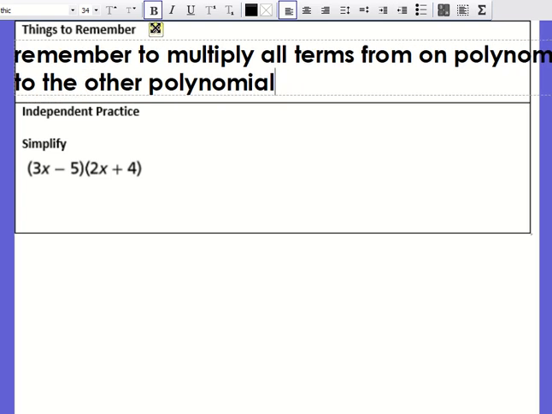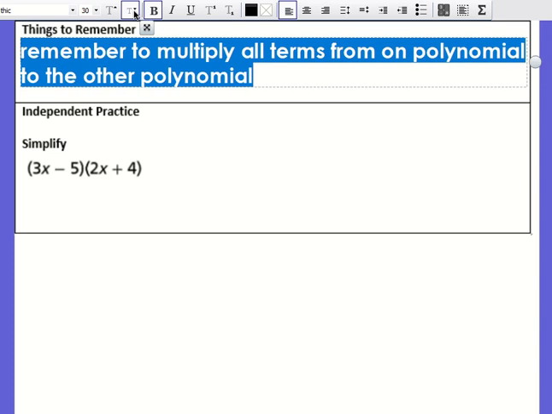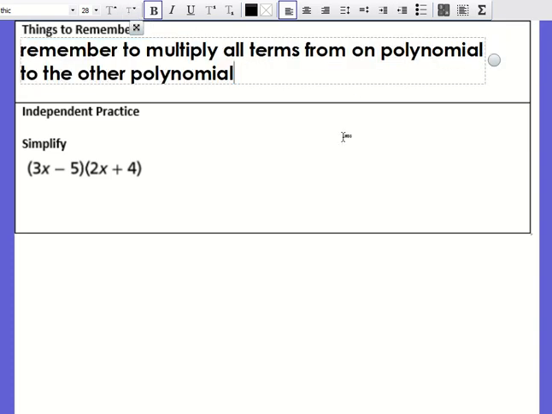Okay, so that's the biggest thing. It's just like when we added or subtracted them, or any kind of distribution, we always got to remember to do all of them. So when we were solving equations, we had to distribute. One of the biggest mistakes we always made was forgetting to multiply one of the other terms.